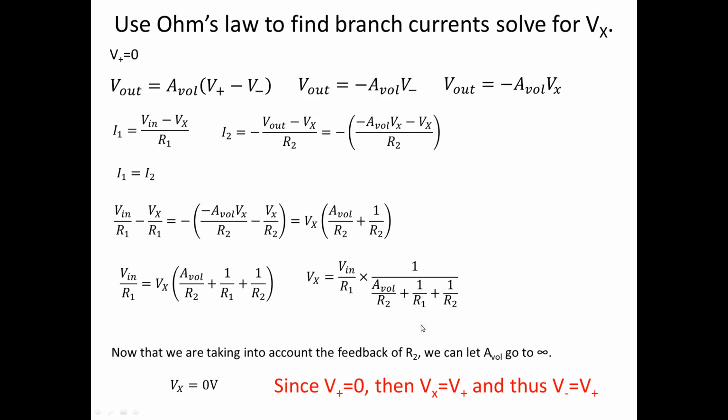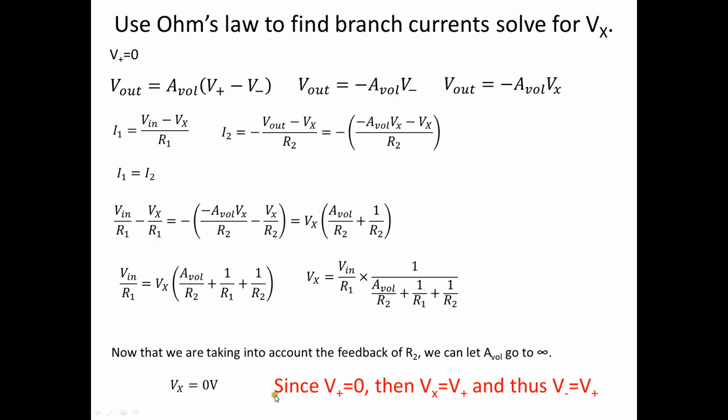We can see now that as the open loop gain goes to infinity, these components look like they're going to 0, and then 1 over infinity is 0, so the Vin over R1 term goes to 0.